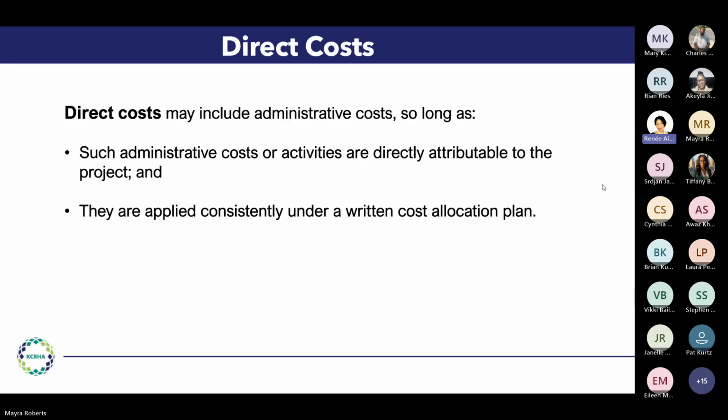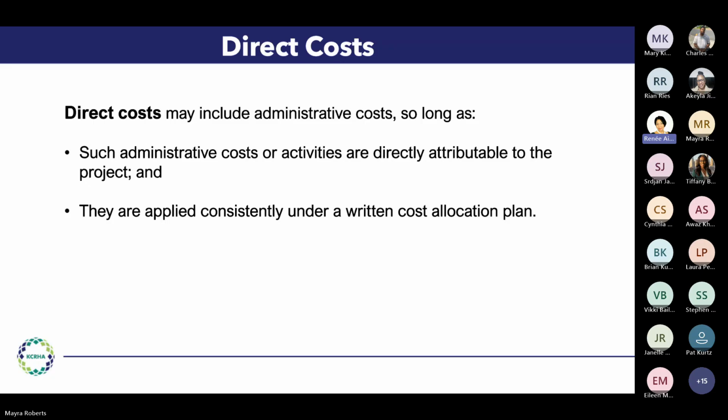Okay. So direct costs, as you could see from some of those examples, particularly when we talk about rent, space, etc., may include administrative costs, so long as those administrative costs or activities are directly attributable to the project, to program services, and they must be applied consistently in accordance with your written cost allocation plan.